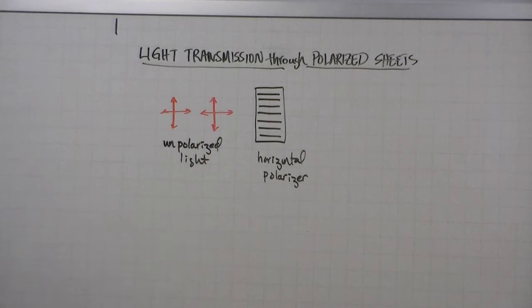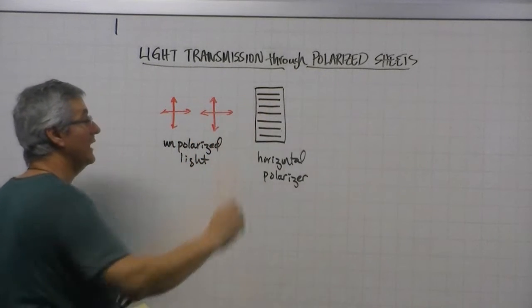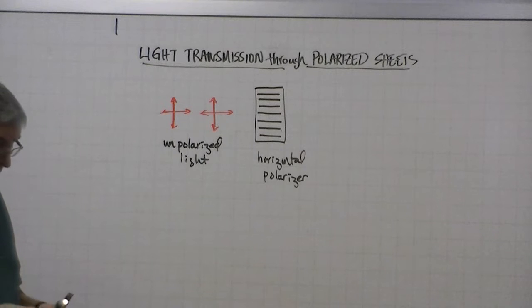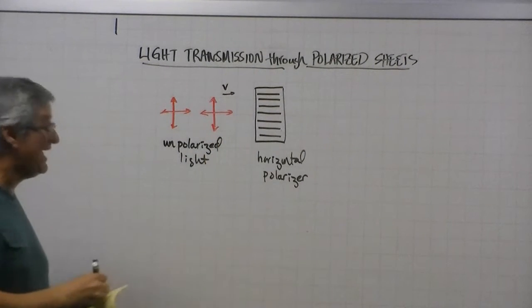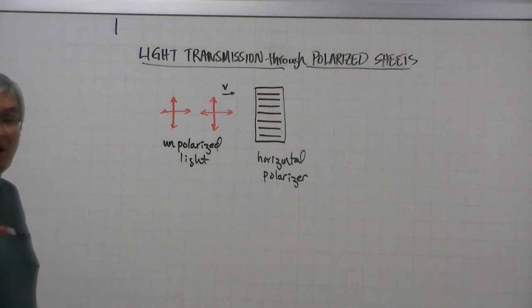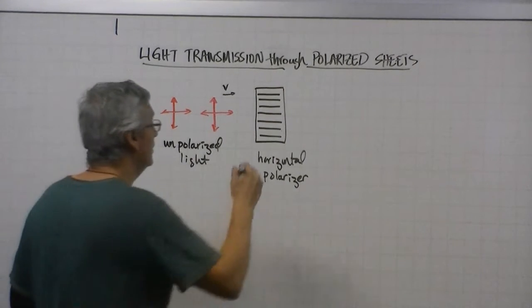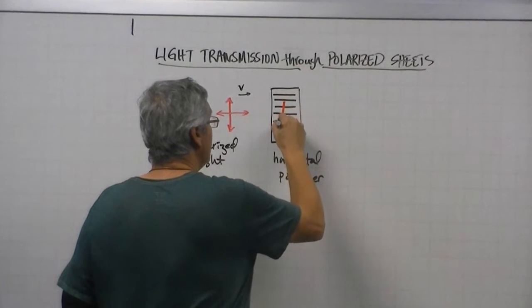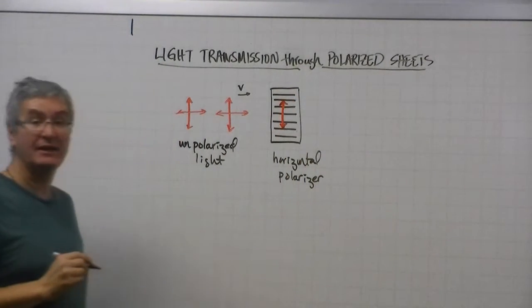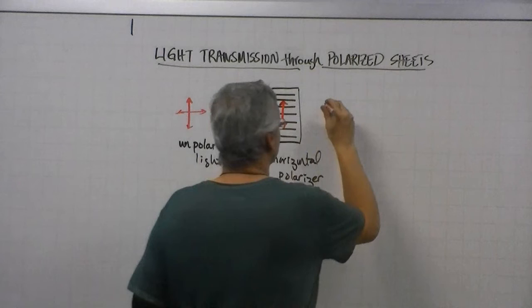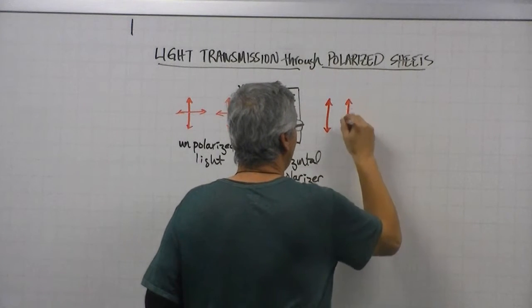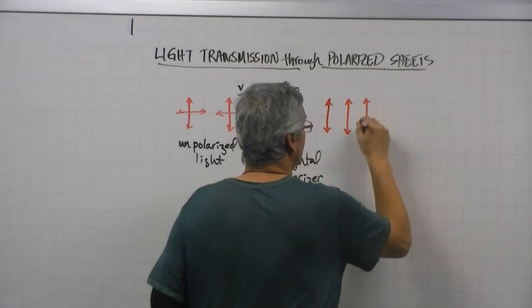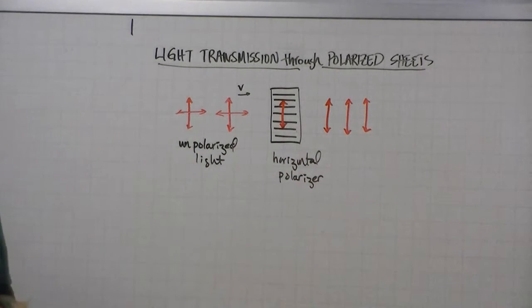What the horizontal polarizer does is it takes the component parallel to the polarizing grid. So if I'm looking at a wave that's moving in this direction, afterwards the component that gets through is the one perpendicular to the grid. So that means I'm only seeing half the light coming through this polarizer.